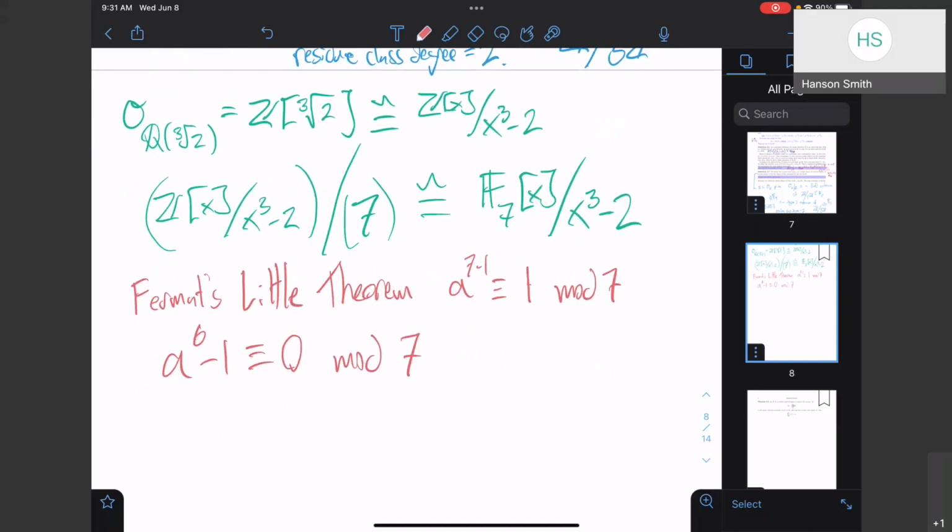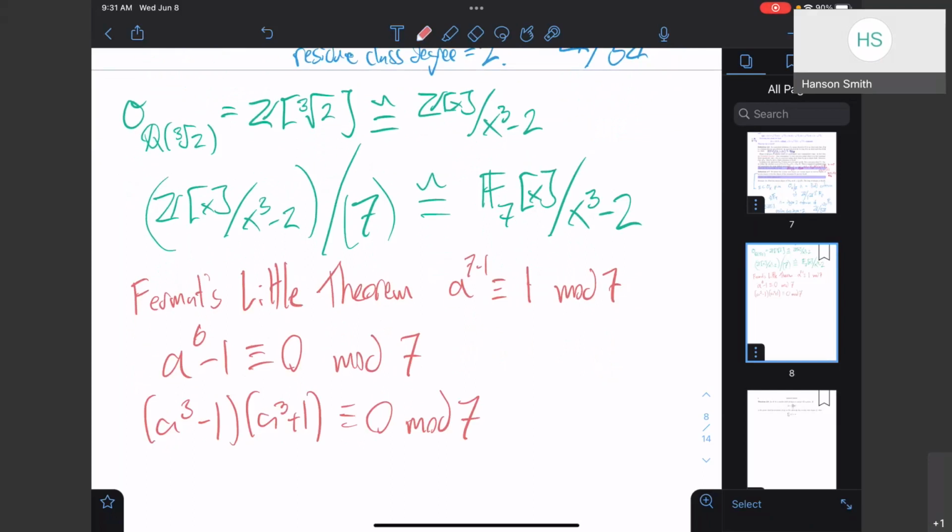And so then I say, okay, that's A to the 3 minus 1 times A to the 3 plus 1, congruent to 0 mod 7.